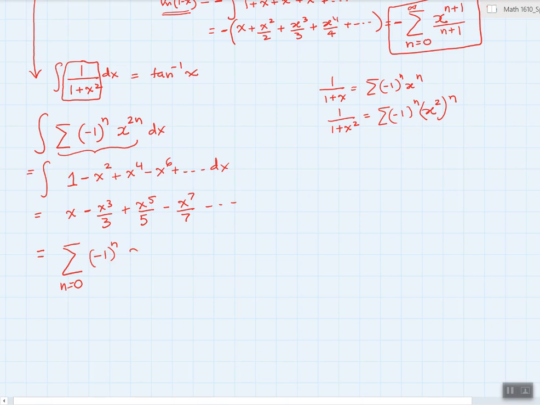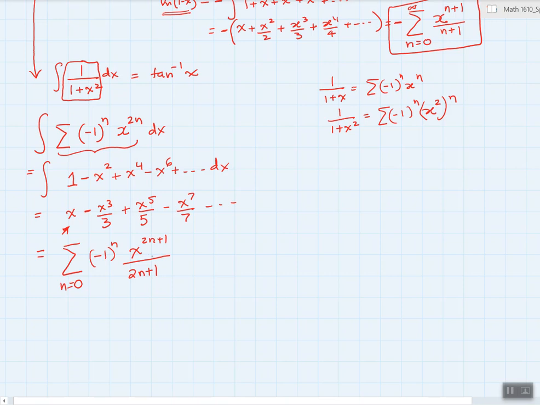So you would say x raised to the power 2n plus 1 divided by 2n plus 1. You can check: when n is 0 you get plus x over 1, so you got this term.